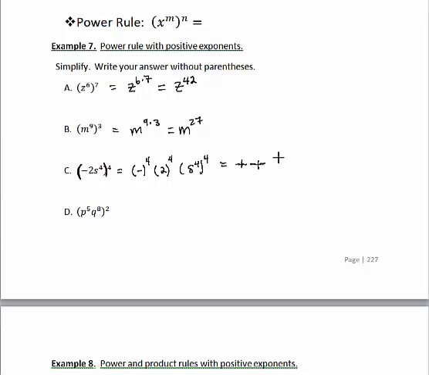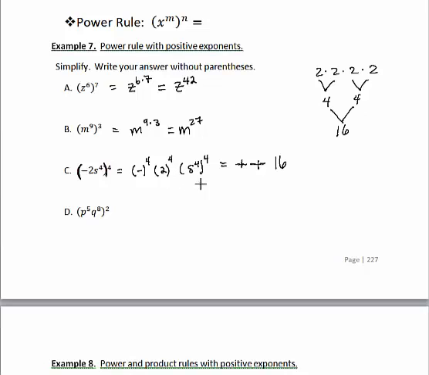Well, what about the 2 to the 4th? We simply get a 16. 2 times 2 times 2 times 2. Each pair of 2's gives us a 4, and then 4 times 4 is 16.